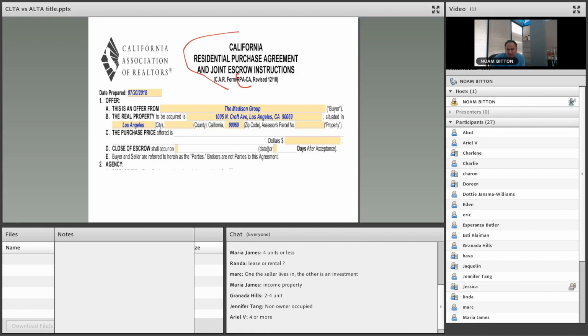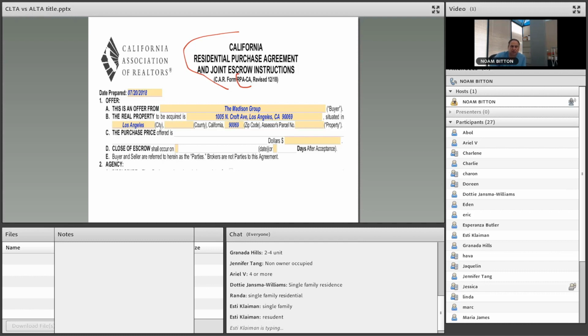Please write, what does SFR mean? Okay. ST, maybe she's not with us anymore. Okay. Doti: single family residence. Very good. Single family residence. It's basically a house. That's SFR, or a condo or a townhouse.